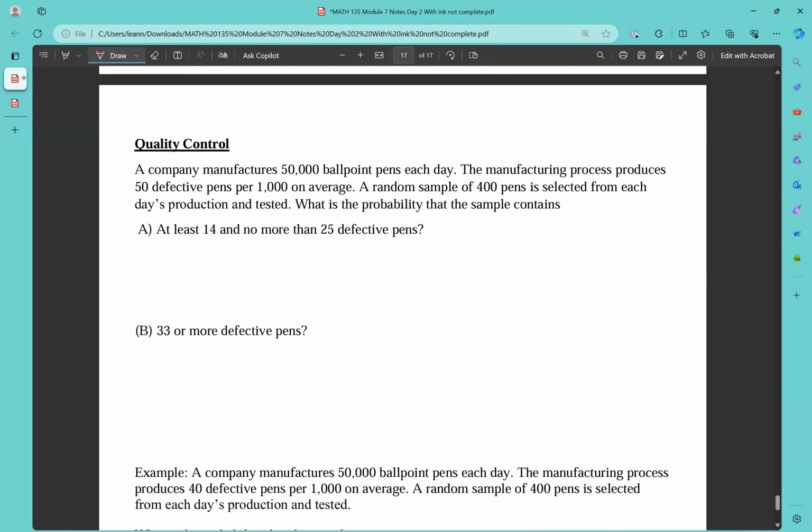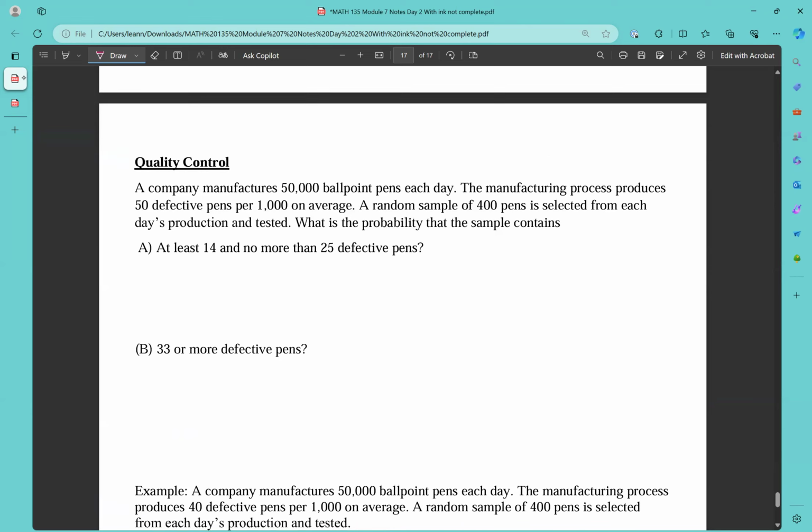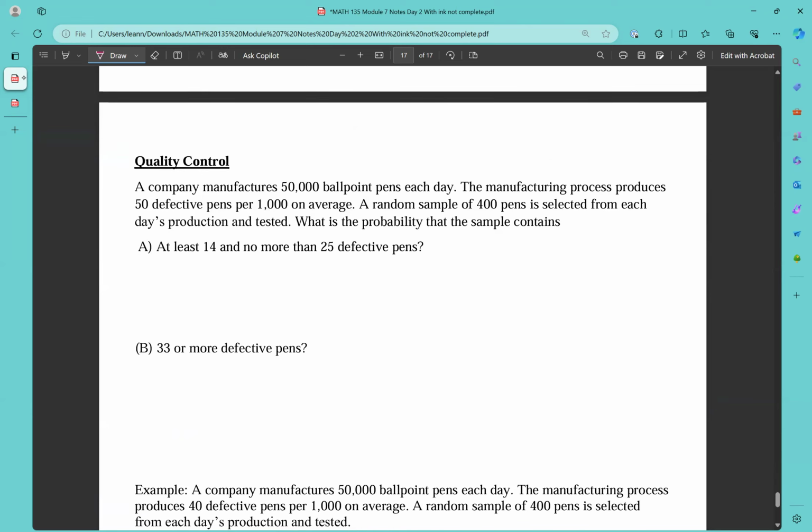Okay, so we already talked about the rule of thumb. Now we're on our last page. This is the last page of notes. This is just more examples showing you how to do this process. It says a company manufactures 50,000 ballpoint pens each day. The manufacturing process produces 50 defective pens per 1,000 on average. Even though that's not a probability as a percentage, it is a probability as a fraction.